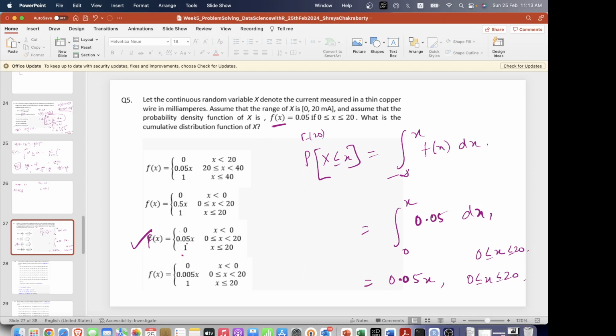And anything between 0 to 20, we would have 0.05 into x. Okay, so it doesn't matter if we put an equal to sign here or here. Sorry, this would be greater, so here there's a problem. This would be greater than or equal to 20. Alright, there's a mistake in the signs. Do you get my point?